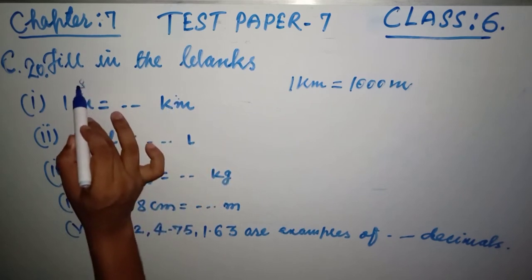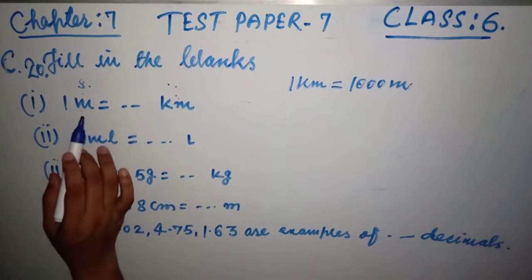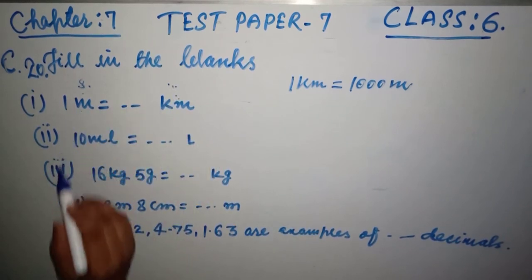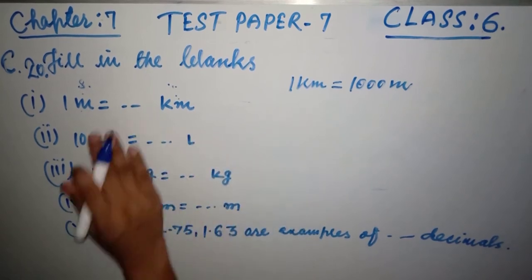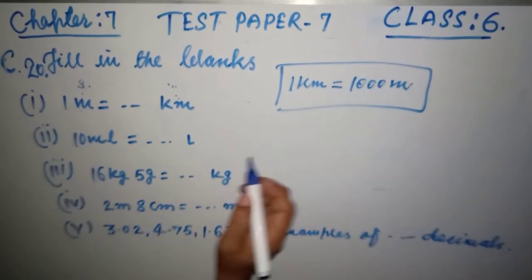This is the smaller unit and this is the bigger unit, and we move from smaller to greater. If we move from smaller to greater, then we have to divide by 1000, because we know that 1 kilometer is equal to 1000 meters.